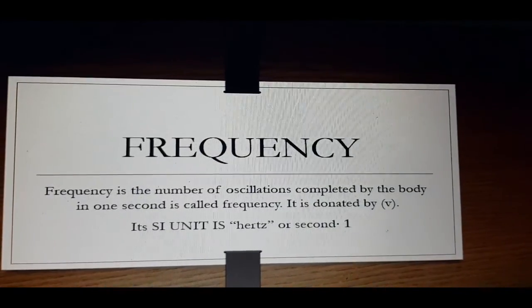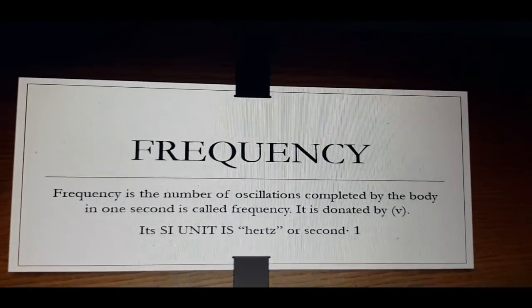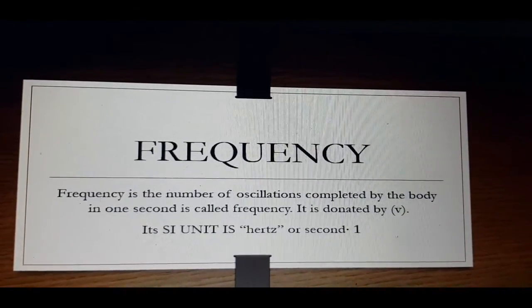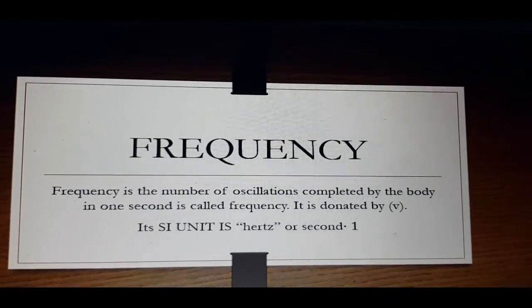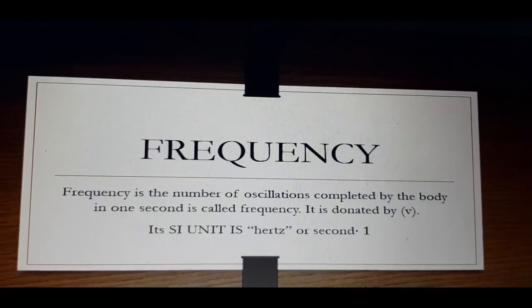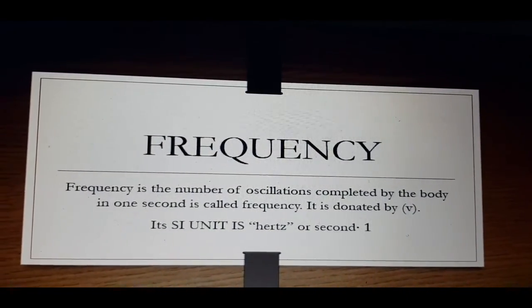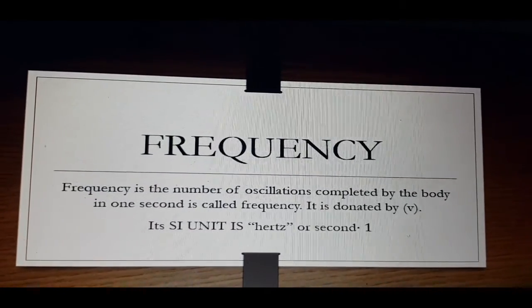So the number of to-and-fro oscillations the object makes is what we call frequency. The frequency is the number of oscillations completed by the body in 1 second.